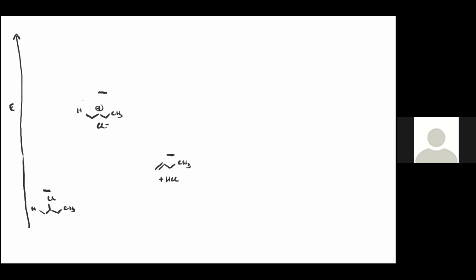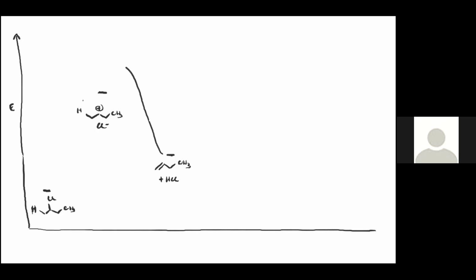We typically don't push electrons on these diagrams. Just gets too complicated. But I'm going to then connect these with my saddles, something like that, okay? So the alternative pathway will be protonation at the internal position to generate the primary carbocation.